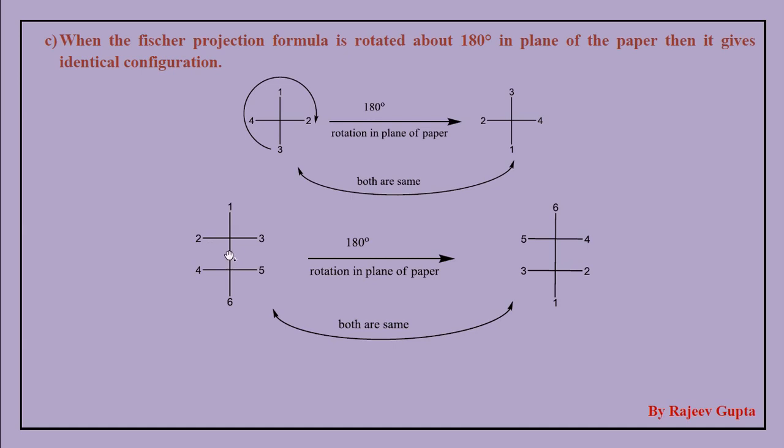The axis of rotation goes through the carbon-carbon single bond in between, and this axis is perpendicular to this screen or plane of paper. Okay? Now with this axis we rotate by 180 degrees, then we get the same configuration, meaning both are identical. So there will be no change in the configuration by rotation of 180 degrees in the plane of paper.